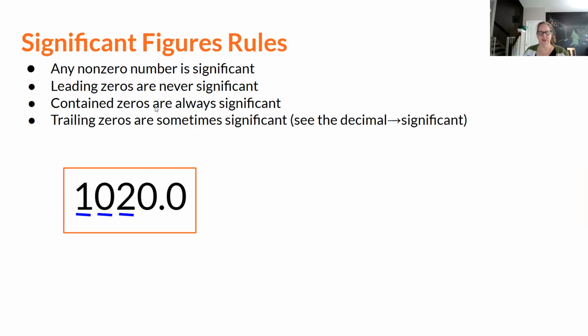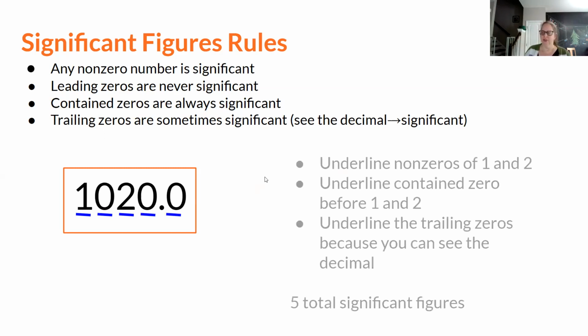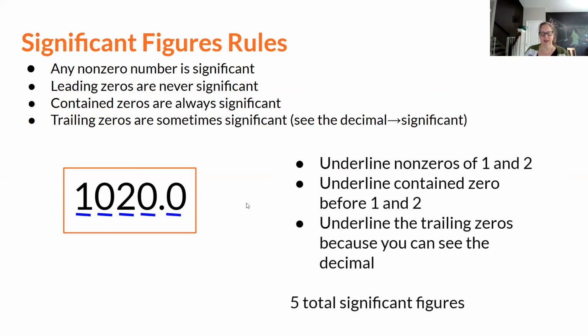Trailing zeros are the zeros on the right, so the 0.0. They are sometimes significant. Since we see the decimal place, they're significant, so they get underlines. So 1020.0, all of those numbers are significant. So there is 5 sig figs in this answer.